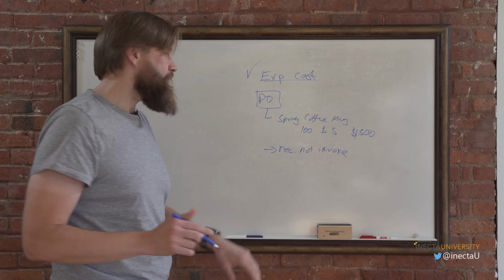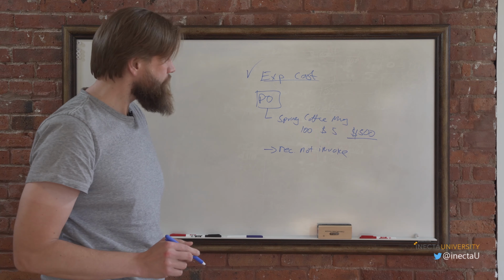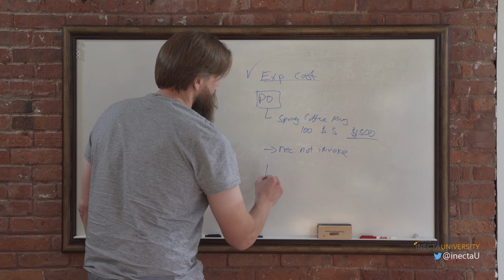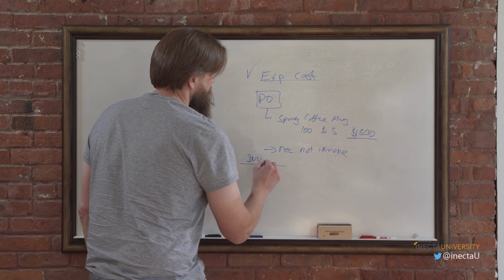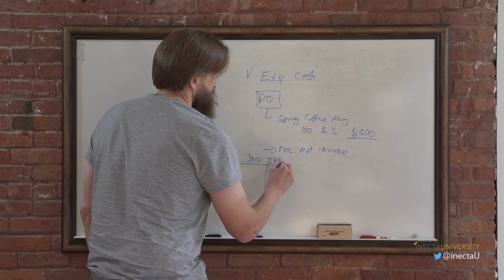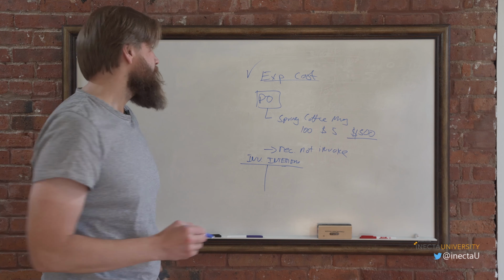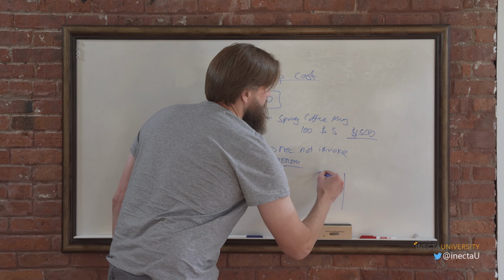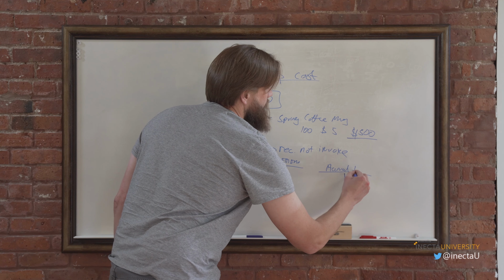But basically what happens is that this 500, if you receive that, it hits an inventory account, which is interim, like so. And then it hits an accrual account for inventory.